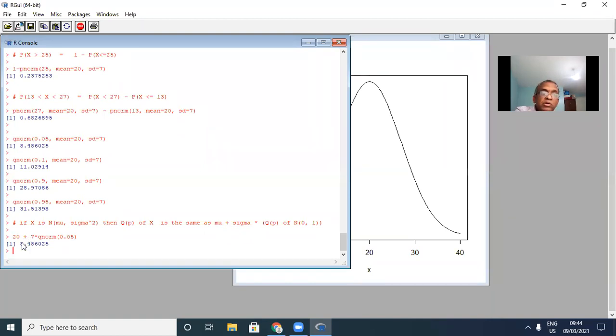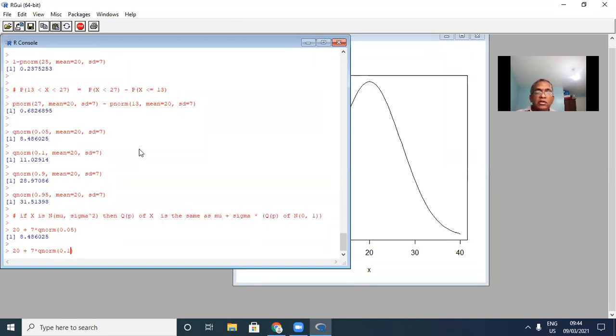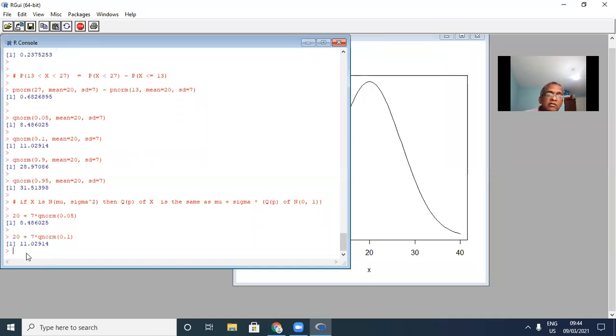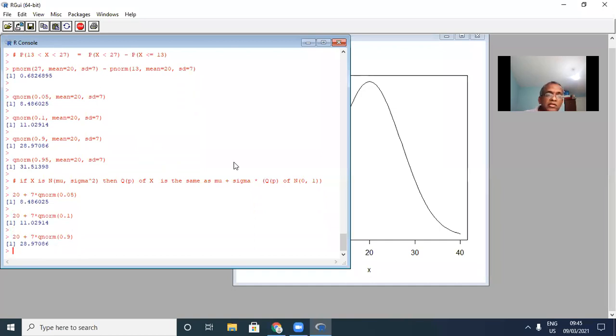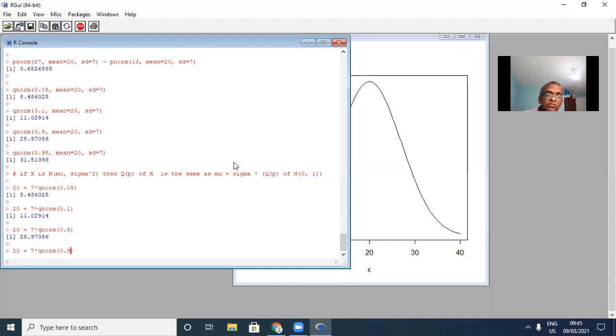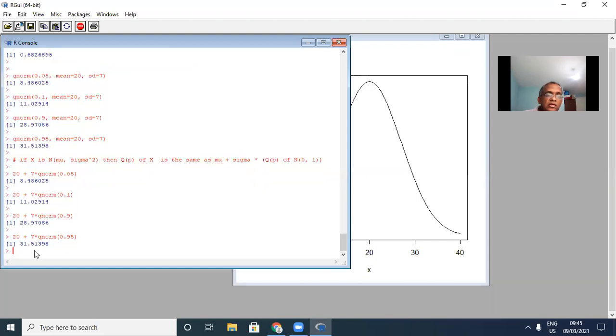So as you can see, this value here is the same as this, because of the formula that I just gave you. Similarly, for the 10th percentile, you get 11.025, which is the same as this. For the 90th percentile, you get 28.97, etc., the same as this. And for the 95th percentile, you get 31.513, etc., which is the same as this.